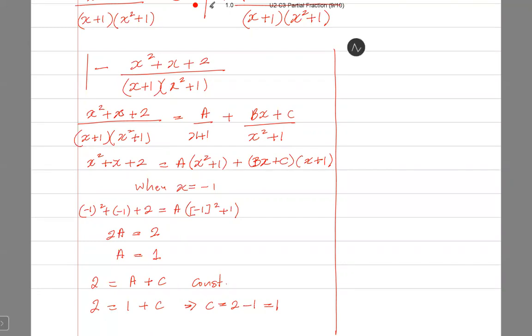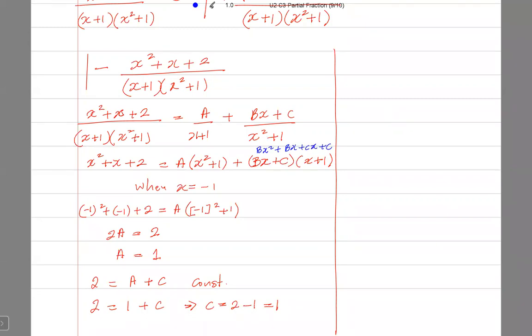To get b, I could equate the x coefficient. So if I expand this, I'm going to get bx squared plus bx plus cx plus c.